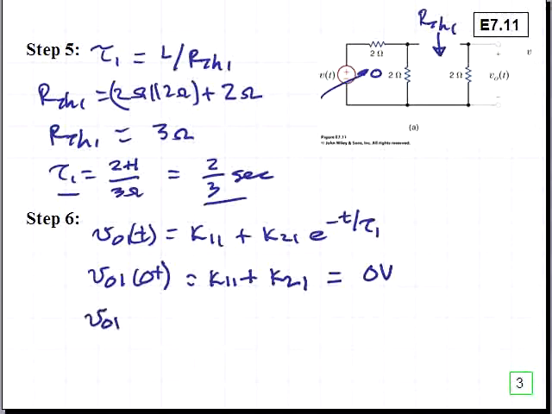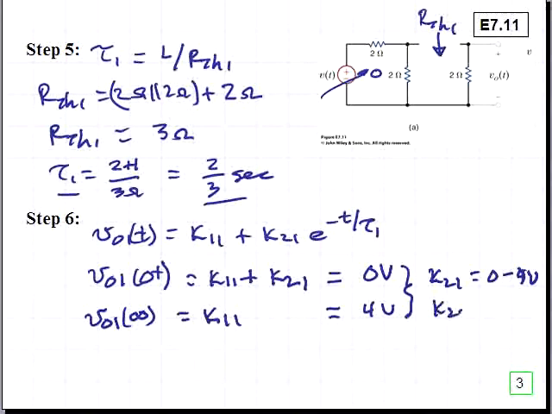Then vO1 at time infinity will be K11, and we've determined that value to be 4 volts from our previous analysis. So this gives us that K21 is equal to 0 minus 4 volts, or K21 is equal to minus 4 volts.